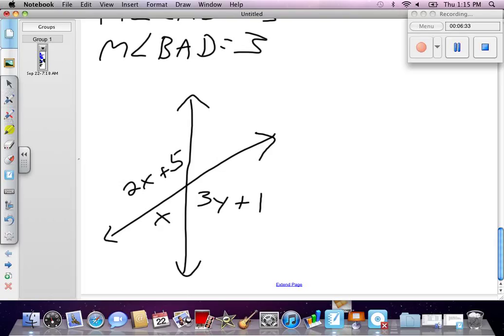What would you do? Nathan. Would you do 3y plus 1 plus x would equal 180? Yes, but can you add 1 and x together? No. So which ones would you rather do? The x's. Make it equal to that. This is a linear pair. It equals 180.